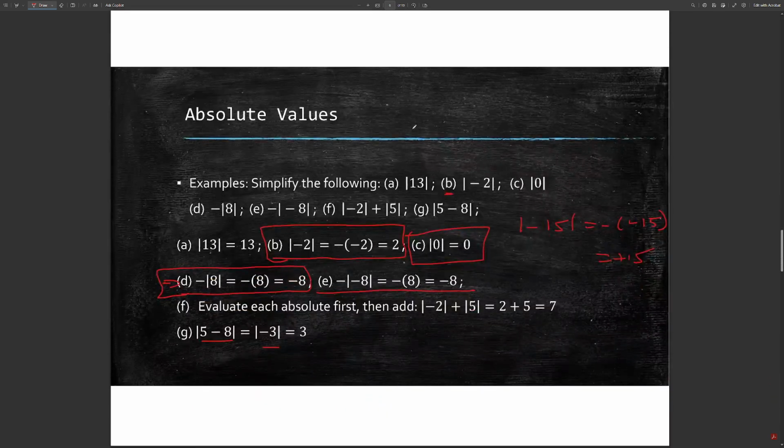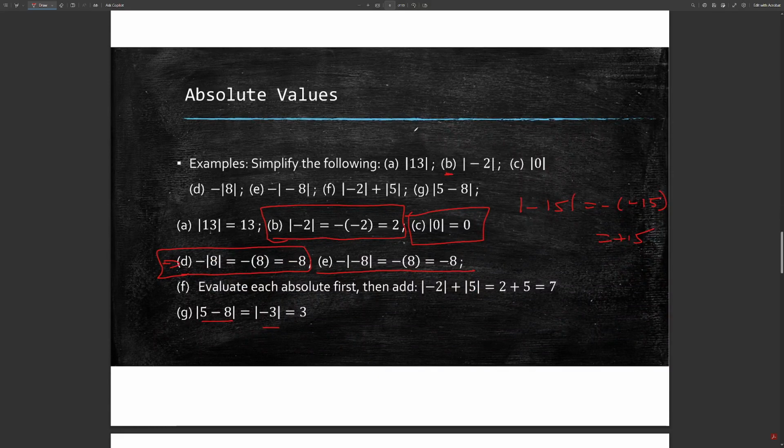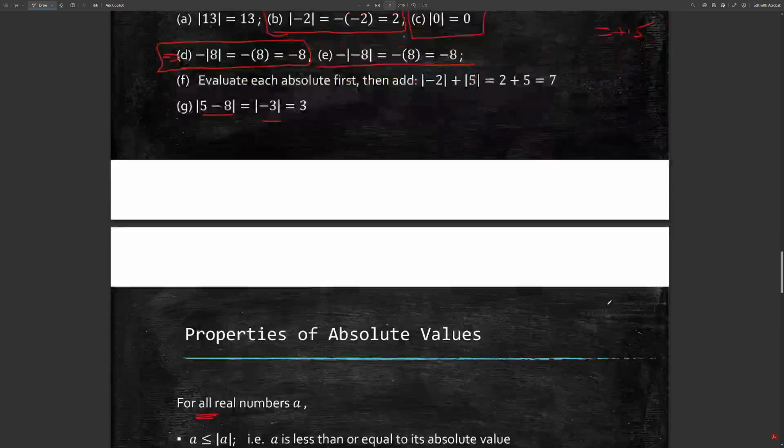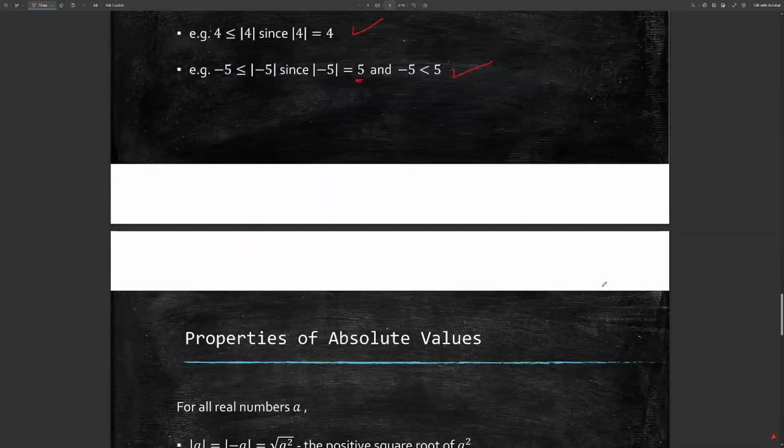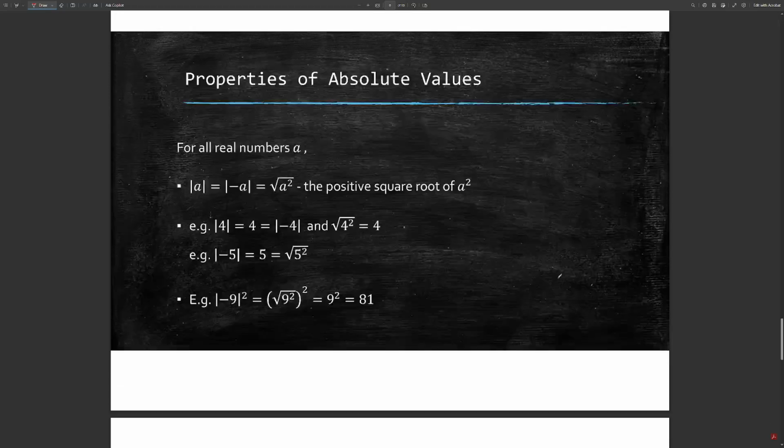Then, if we are asked simply to find the modulus of the number, the absolute value, we determine if the number is positive or negative, like we did in these examples here. And if you are asked to find the modulus like this, then we find the square root of the square of the number.